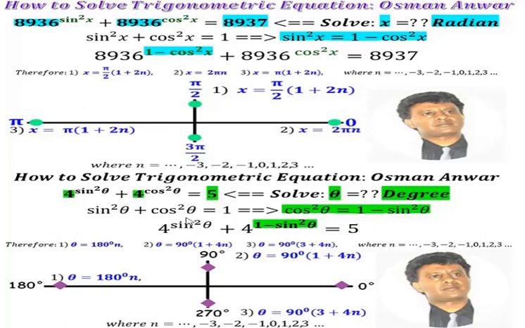In the previous, theta was 90 degrees times 1 plus 4n, which is 90 degrees and its coterminals. Number 3, in this video, x equals pi times 1 plus 2n, which is pi, which is 180 degrees, and its coterminals. In the previous video it was 270 degrees and its coterminals.